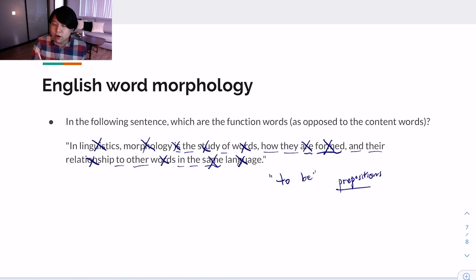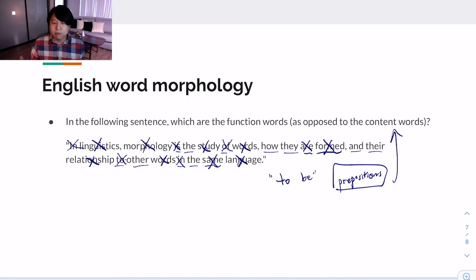Prepositions are regarded as content words, as a lexical category. So we're going to delete all the prepositions like in, of, and to: in something, to something, of something.